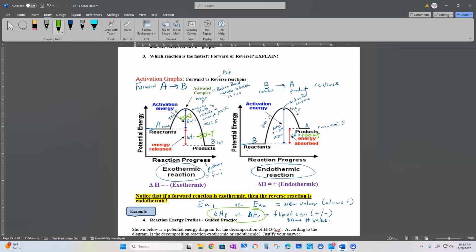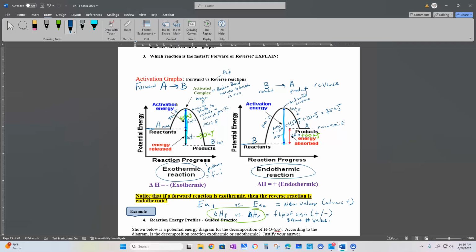Negative versus positive. But what happens with the EA? Notice this lengthened line right here, this blue line, notice right here, it's the same length, but added together, okay? So this new EA, what you do is you take the 45 added to that 30, not negative 30, because remember, it's both these values added. So added to that 30, and you're going to get 75 kilojoules, okay?